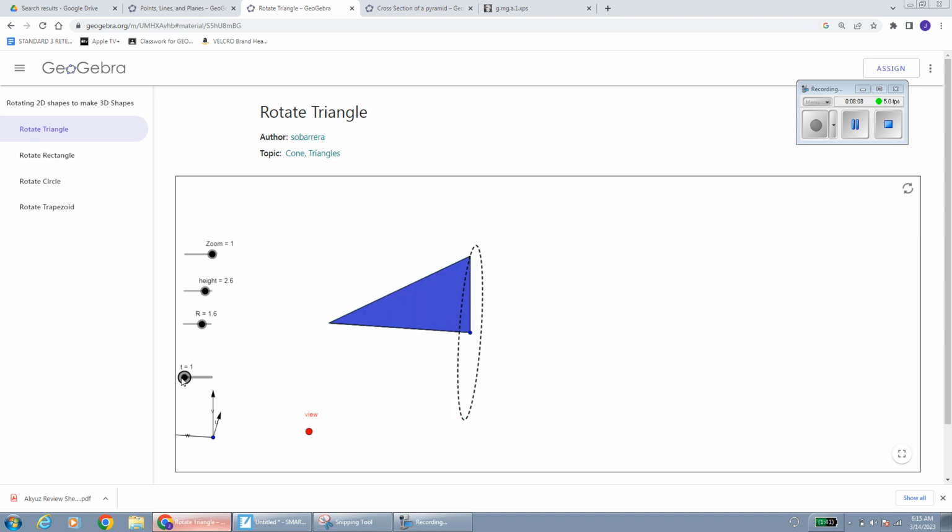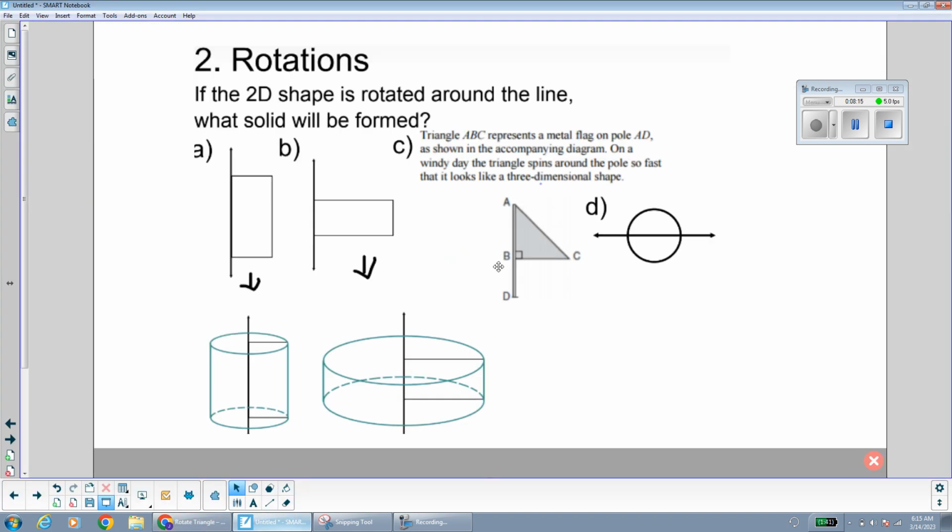I'll do that one more time so you can see it again. Yeah, a cone. So this triangle is going to be a cone when it becomes a 3D solid from rotating around the flagpole.